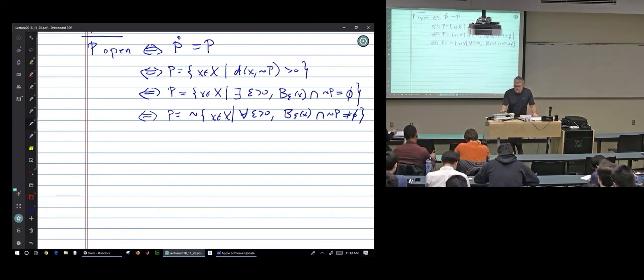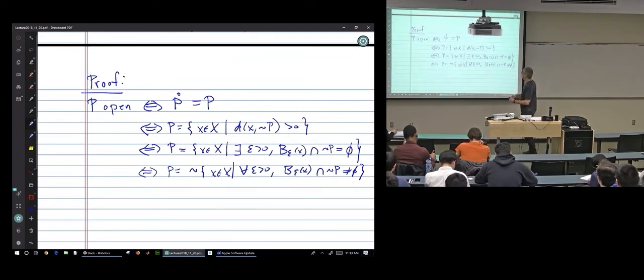Okay, we good with this? P is equal to its interior, so P is the set of all points that are a positive distance away from the complement.